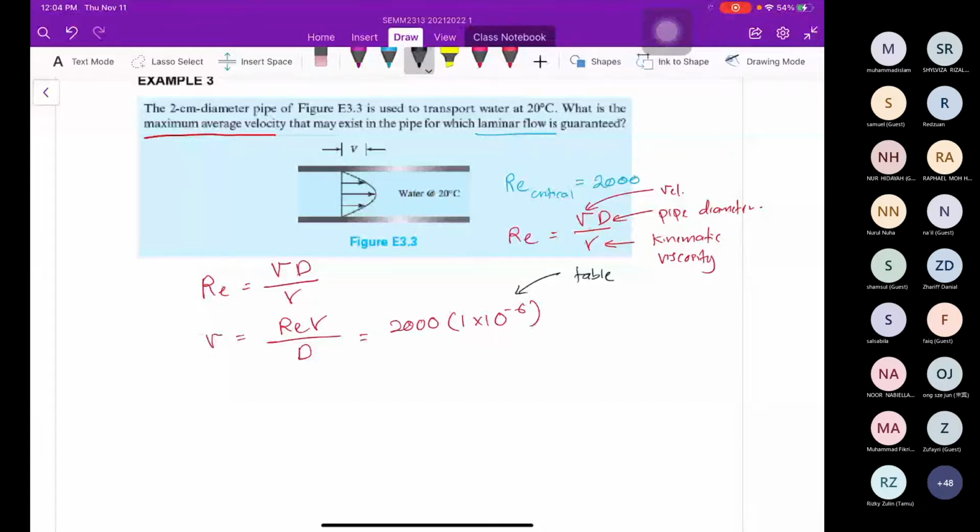In the end you will get 0.1 meter per second. You can see it is very slow. So the velocity here is 0.1 meter per second to make sure it is laminar flow. When the velocity is more than 0.1, that means it is turbulent for sure.